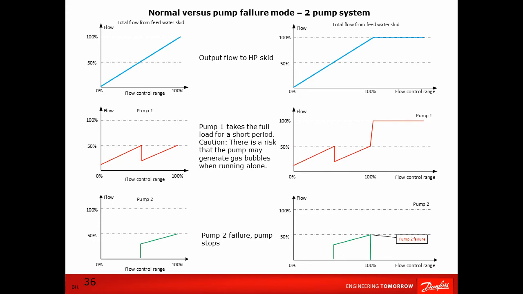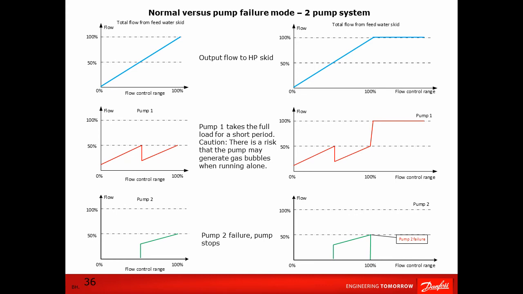Column 1 shows the normal operational mode, whereas column 2 illustrates what happens if one of the pumps fails. The two pumps, in this example, are running full flow, and the flow is split between the two pumps. As soon as one pump fails, the remaining pump will speed up and take the full load and run up to maximum speed. This acceleration brings the pump to maximum flow and thereby cavitation point.